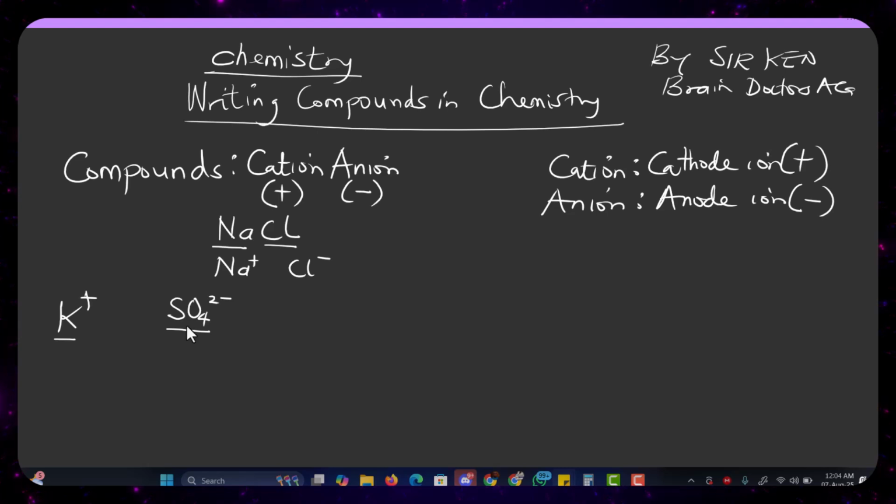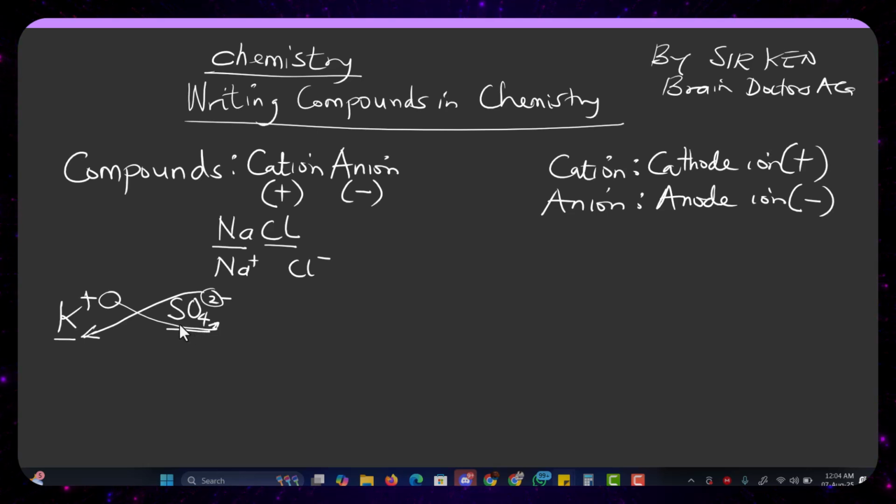Now, if you want to form this compound, how can you form it? You are going to take the charge of the second one and write it as the subscript of the first one. Then take the charge of the first one and write it as the subscript of the second element or compound.